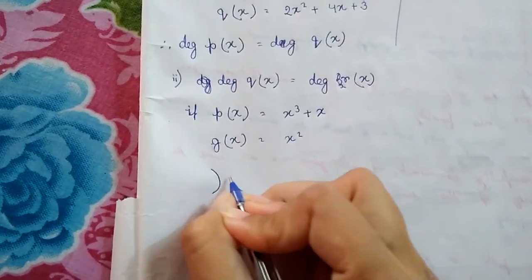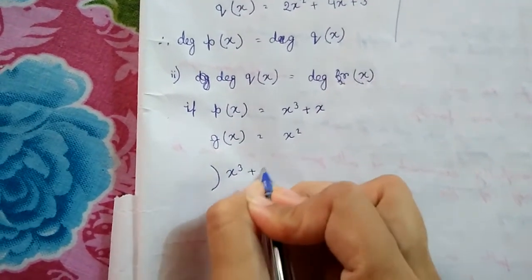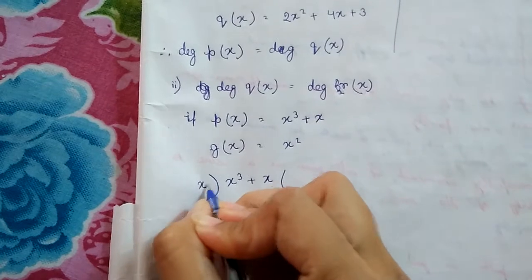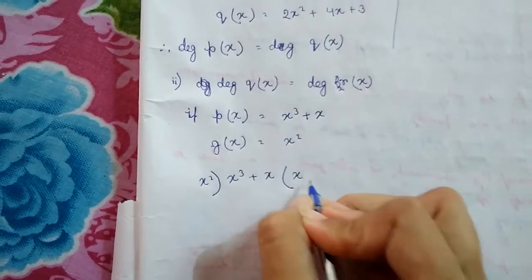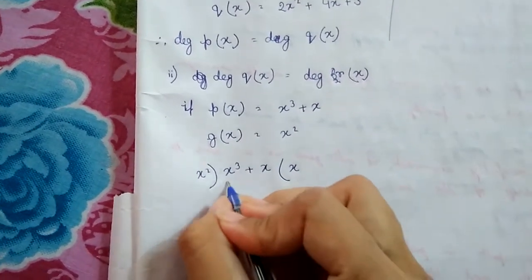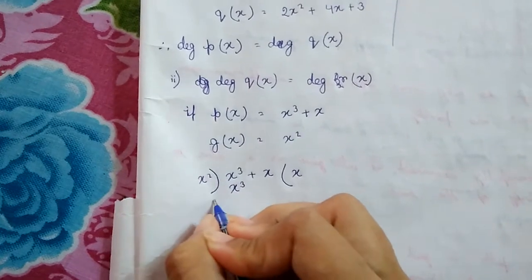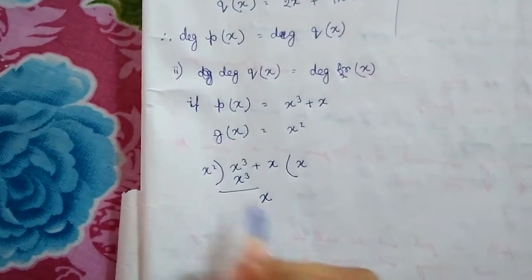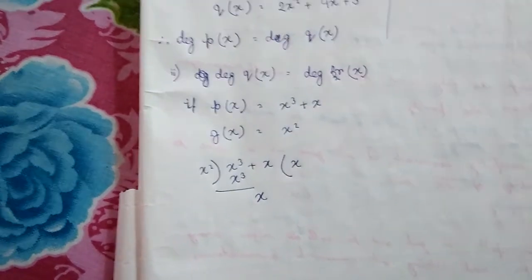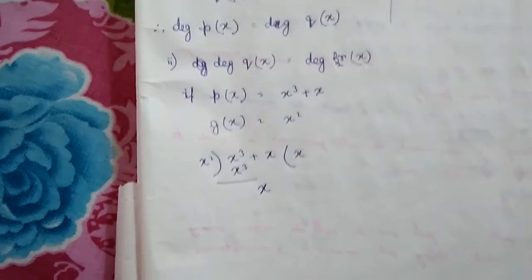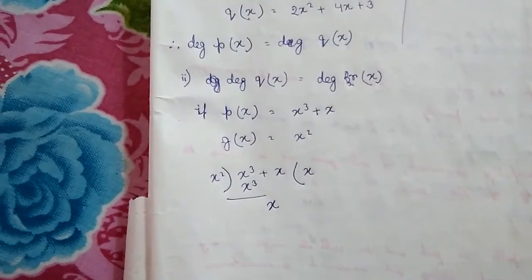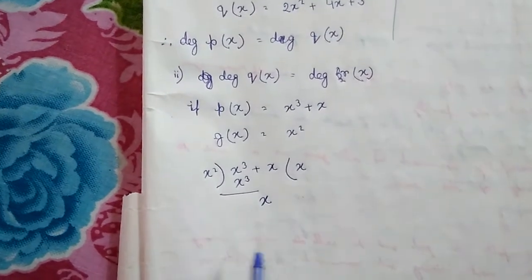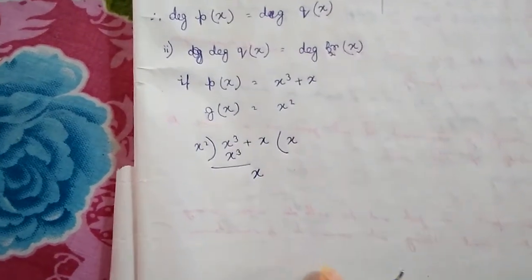Now you can divide x cube plus x by x square. x multiplied with x square will be x cube, and then we get x. Now x is not divisible by x square, so the quotient is x and the remainder is also x.